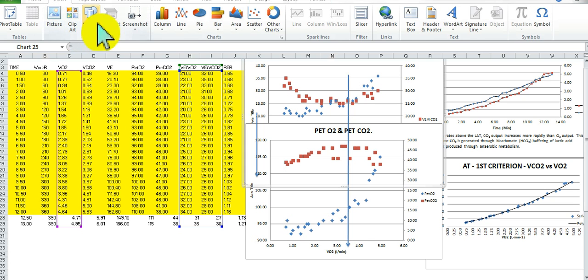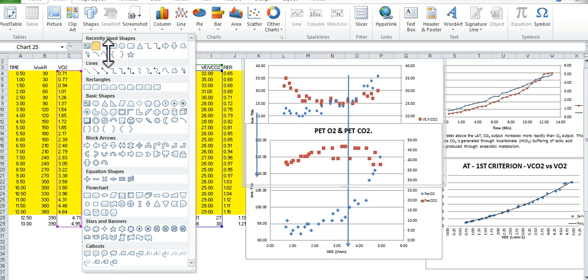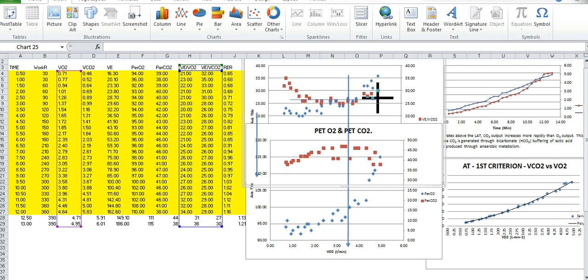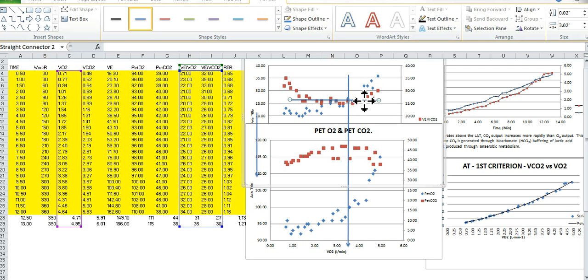So let's go ahead and insert a line so we don't get lost. I'm pretty confident that it's right about that point right there. Actually, let's make the line green to stand out a little bit. I'll put it above the line here. Okay, so I'm thinking that's about where that's located.